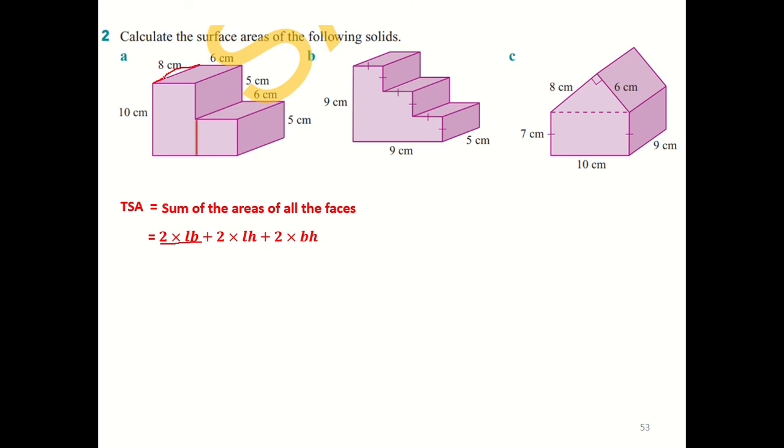That is the length. So it is 8 centimeters multiplied by 6, but that will be the top part. Please note that the area of the top part will be the same as the area of the bottom part. That's why I'm multiplying that by 2.